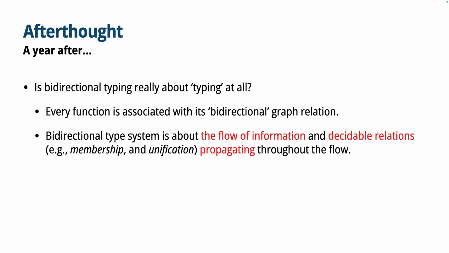So a bidirectional type system not only has the flow of information, but is also entangled with some decidable relations propagating through the flow. If some function fails, then the whole process fails, but it has nothing to do with the information flow; it's just because some decidable function is making noise.